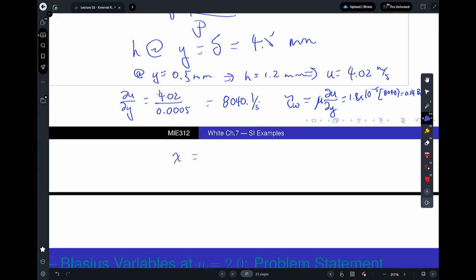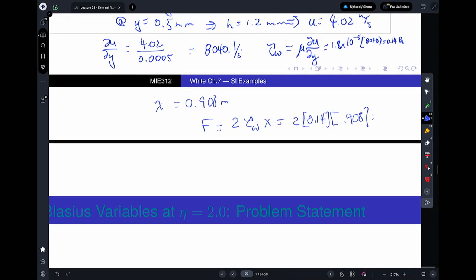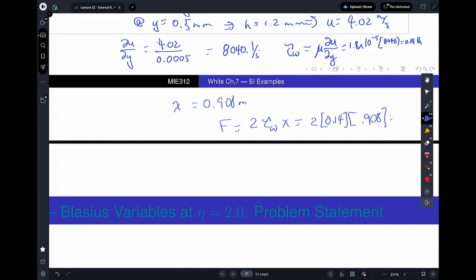If x is approximately 0.908 meters, the force on the plate is going to be twice the shear stress times x, so 2 times 0.14 times 0.908, which equals 0.25 newtons per meter. So a force of 0.25 newtons per span of 1 meter.